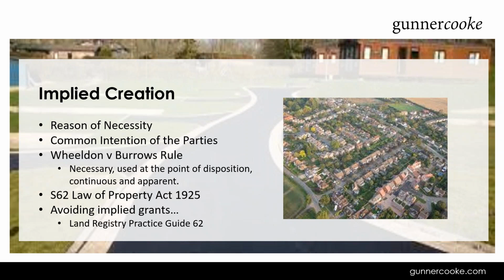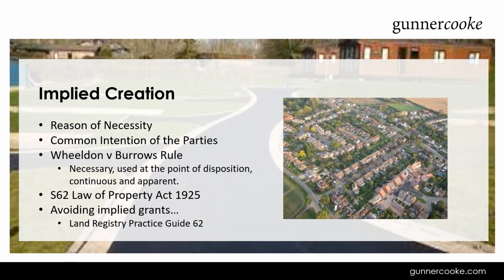It has to be things that the grantor had the power to grant at the time of the conveyance and that were in existence at the time of the conveyance. And also, it can be overcome if you put something in the conveyance which is contrary to the implied terms of Section 62. So if you want to avoid grants being implied by Section 62, the thing to do is to put them specifically into the conveyance.